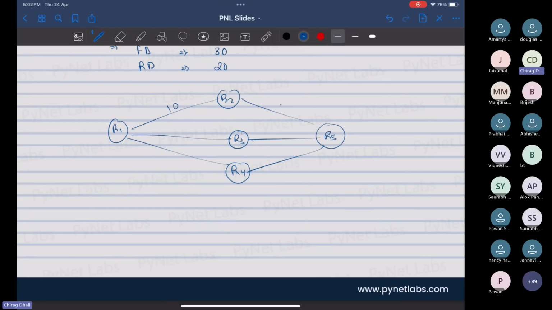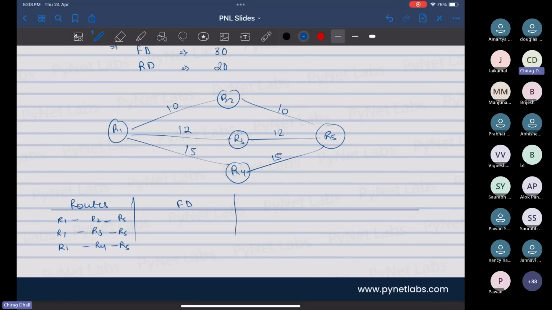The cost is 10, 10, 12, 12, 15, 15. I can say I have got 3 routes: R1 to R2 to R5, then R1 to R3 to R5, then R1 to R4 to R5.